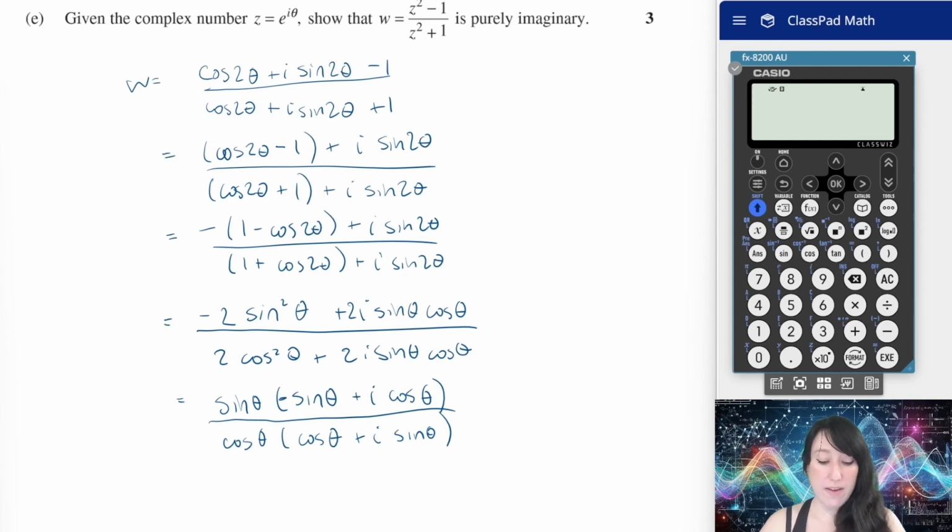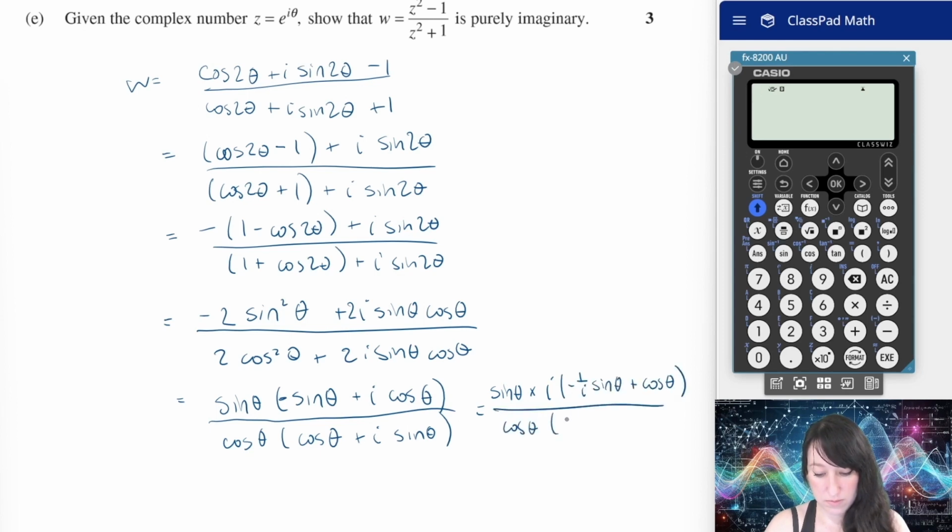Now, in the numerator, if I factorize out an i, this is what I'll get, and negative 1 over i is equal to i. And that's because if I simplified it by timesing the top and bottom by i, I'll get negative i over i squared, and since i squared is negative 1, that just equals i.